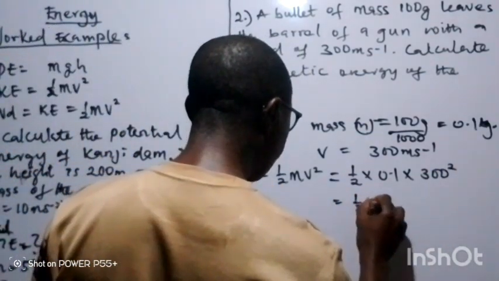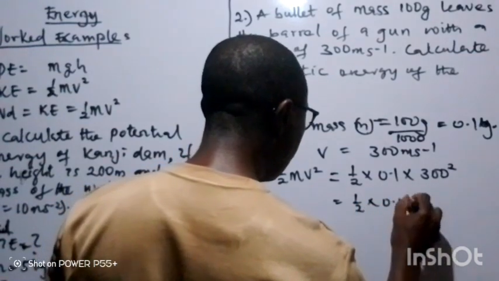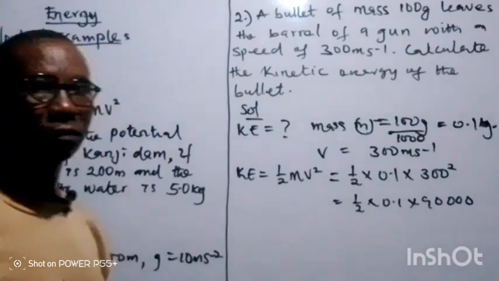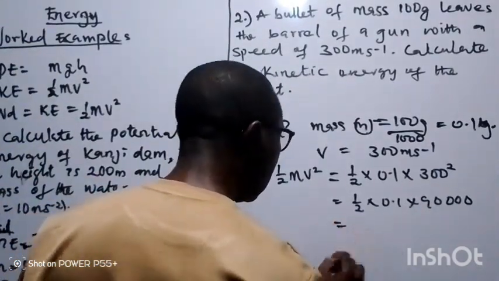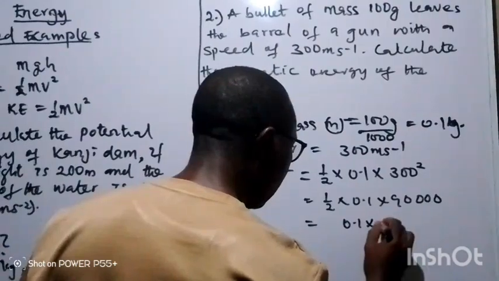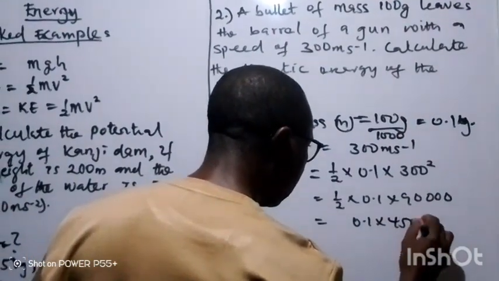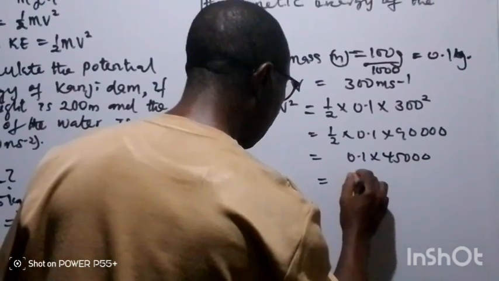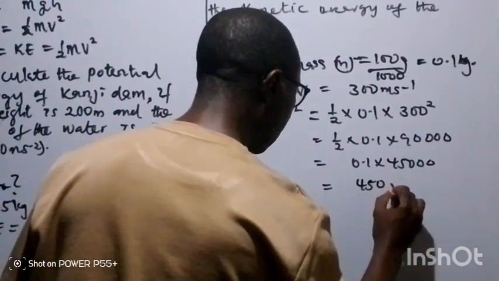That is half multiplied by 0.1 multiplied by 90,000. Now, this will be 0.1 multiplied by 45,000, and the final answer for the kinetic energy is equal to 450 joules.